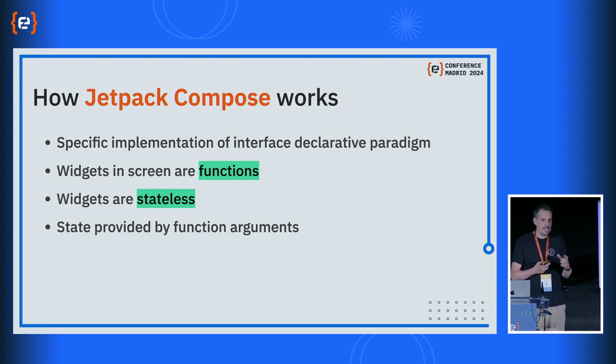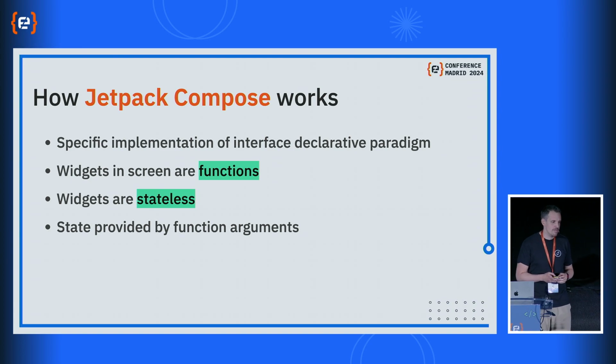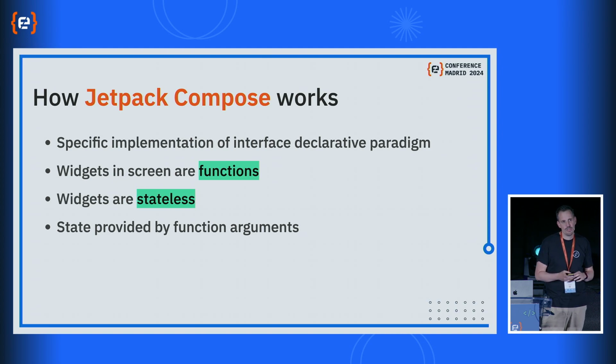When we modify a state, the state is modified outside the widget, and the good thing about this is that this state can be easily shared among different parts of the UI. So the problem we had with XML, that some parts of the UI got desynchronized with the state that we were using, for instance, in the view model, is no longer a problem here because the state is provided from the outside. We don't have to synchronize the state of the component with the state that is coming from the outside.